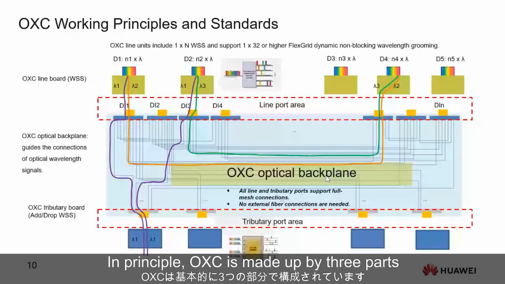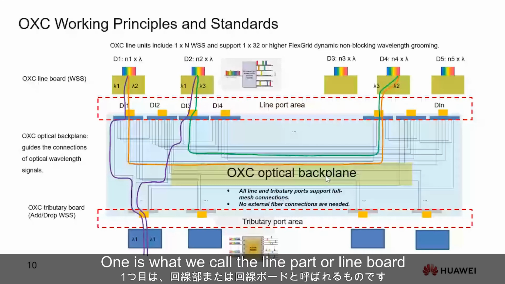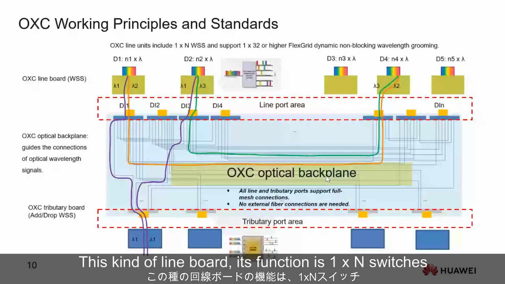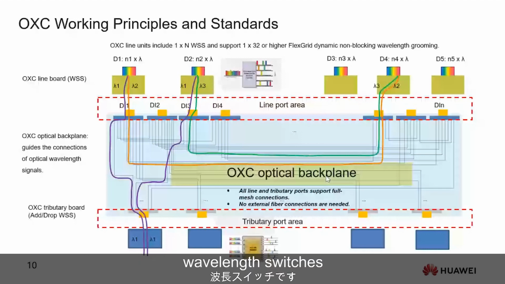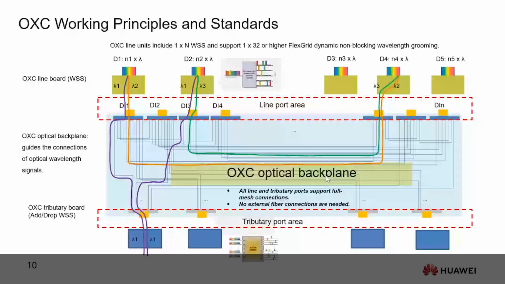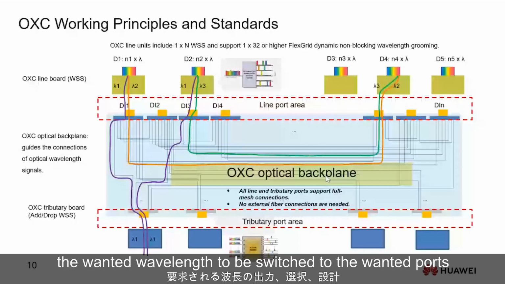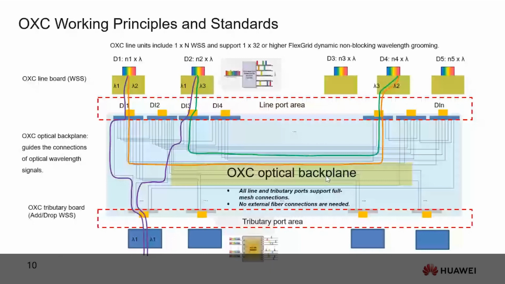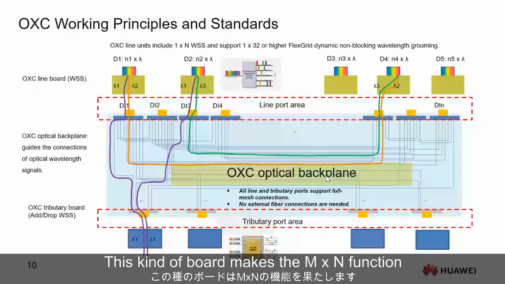In principle, the OXC is made up of 3 parts. One is what we call the line part or line board. The function of this line board is like 1xN wavelength switches, so it can split and choose the wanted wavelengths to be switched to the wanted ports. Then there is the optical tributary board, which makes the N×M function.